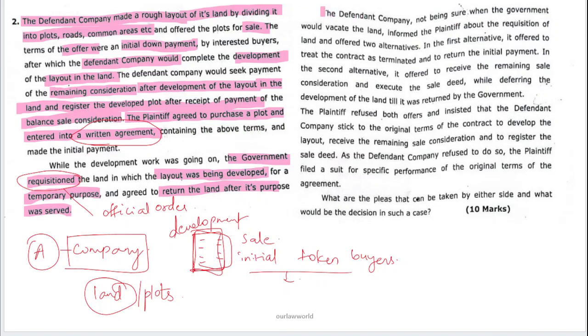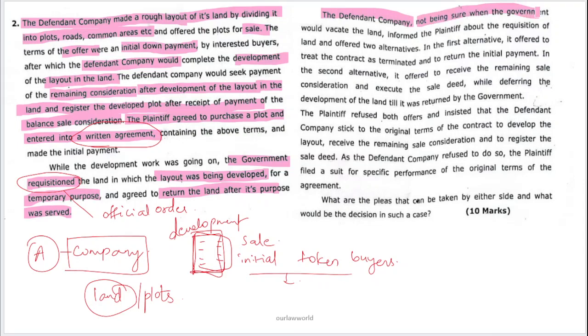So now the defendant company is not sure when the government will return its layout which is taken for the government purpose. So it has informed the plaintiff, the buyers, about the requisition of the land, and the company offered two alternatives. The company explained what all happened and the government order which was passed, and all this happened after the company had taken the initial down payment, right?